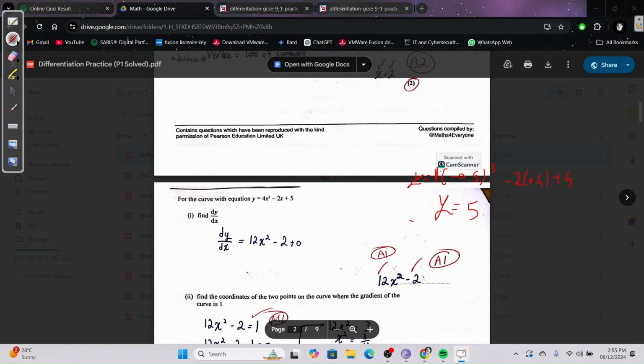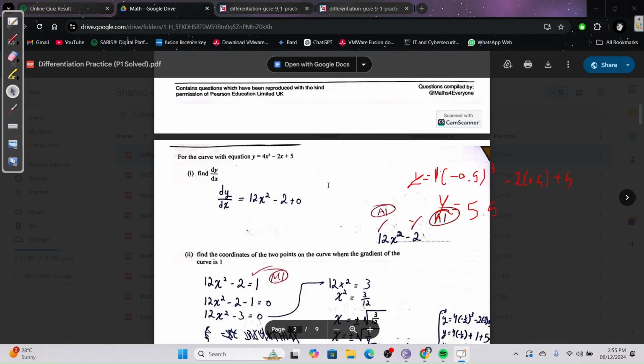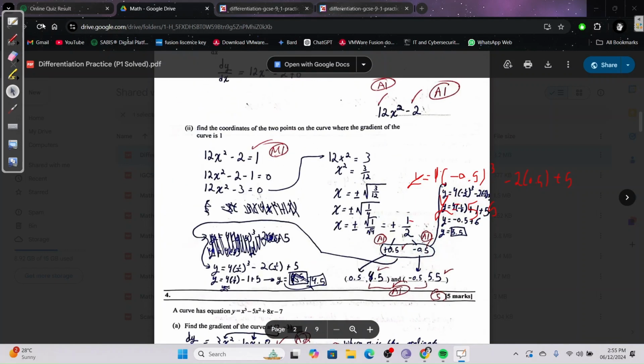You do it on a calculator, you'll get 5.5. So when x equals negative 0.5, y equals 5.5. Okay, now you work for the other solution.